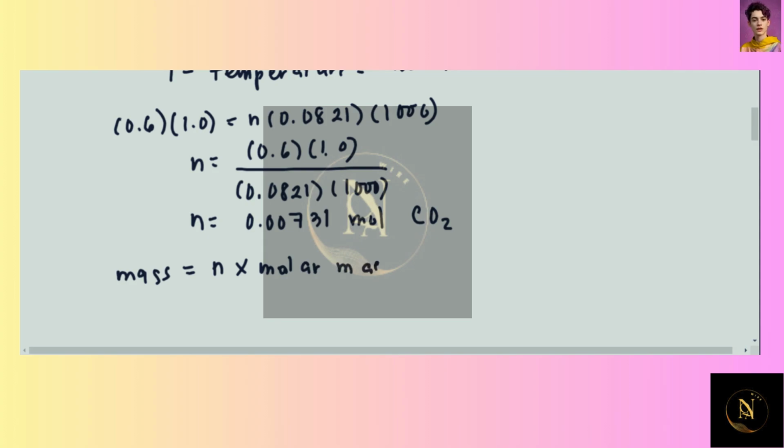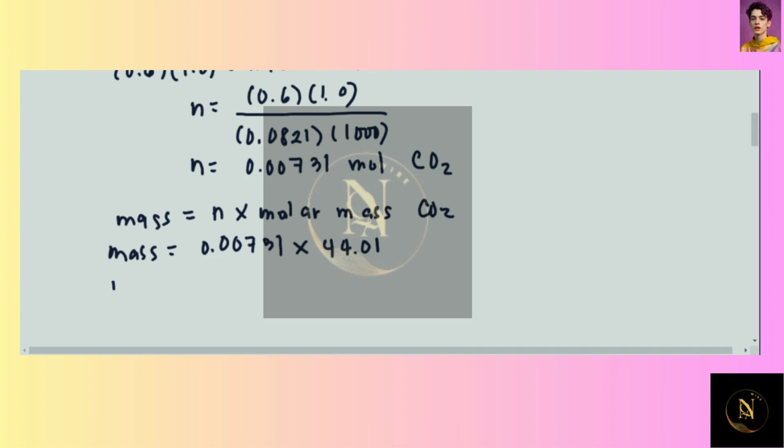So we will get 0.00731 times the molar mass of carbon dioxide, which is 44.01, and so we will get 0.32 grams. So this much of carbon dioxide is formed after a certain time of the reaction. So I hope that this is clear.